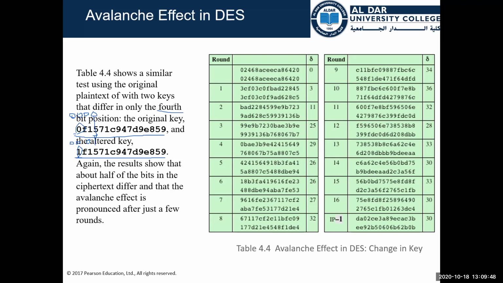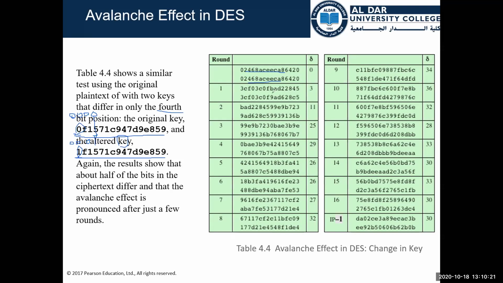Maybe this is confusing for some students because they say this is the first bit, 0 to 1. No, it is not the first bit, just because this is not binary, it is hexadecimal. So here is 0, 0, 0, 0, and here is 0, 0, 0, 1. So actually the change is in the fourth bit. We made just a little change in the key, and we see that there is no change here in the input data. This is the input data, not the key.